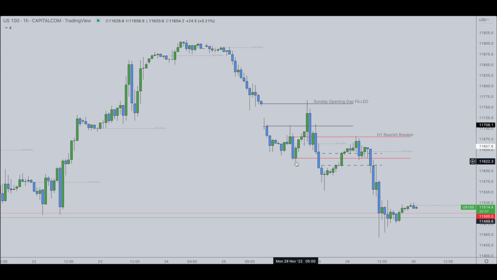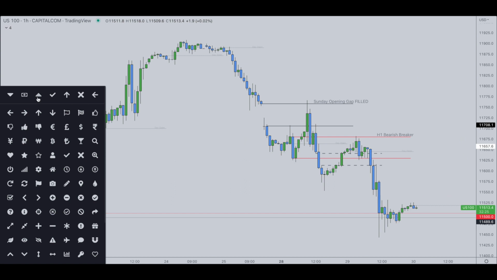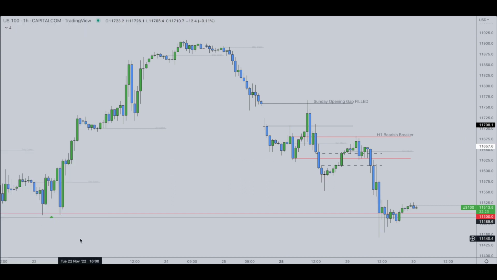First swing low. This is step number 3. Then we get a strong move up into this higher time frame premium. We fill this Sunday opening gap, completely fill it in. This is step number 4, that key swing high formation. So I actually marked those out for you. So this is the liquidity, step number 1.